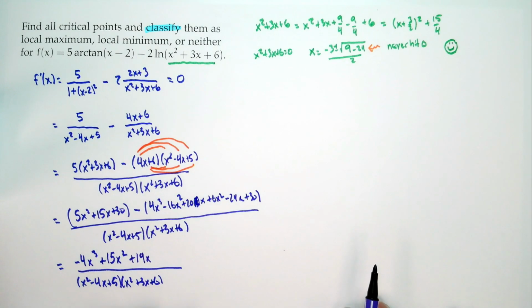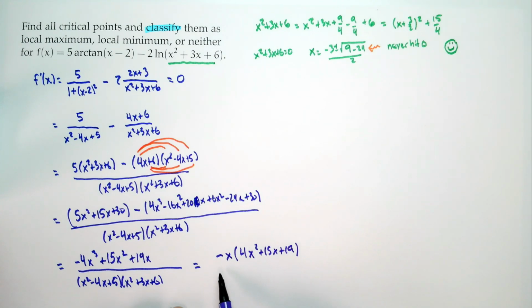Nice. Now, well, that's rather convenient. Everything has an x involved, so we can pull that out. So, in fact, let's pull out a negative x. So negative x times 4x squared plus 15x plus 19.